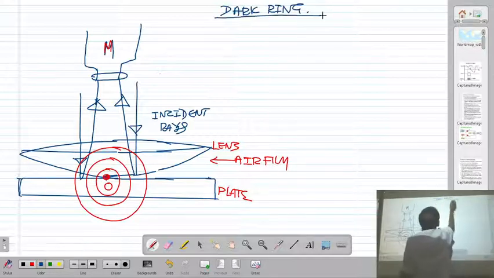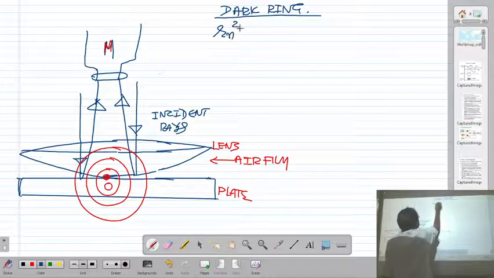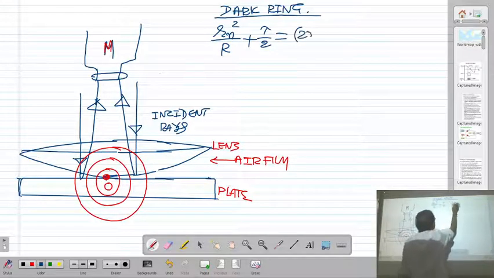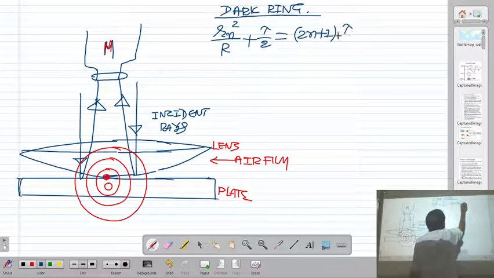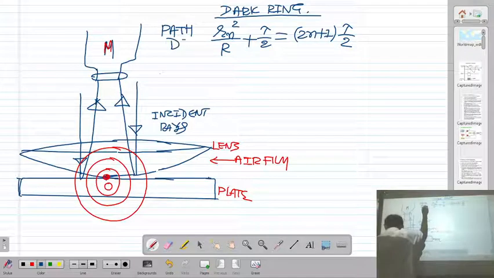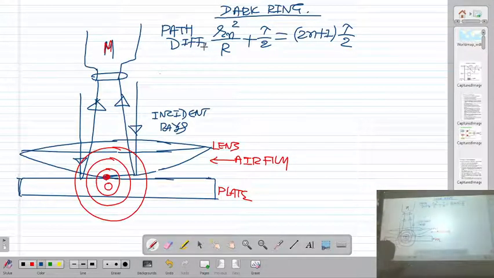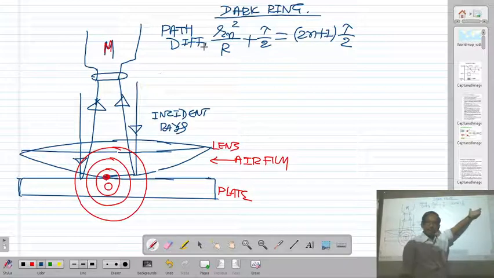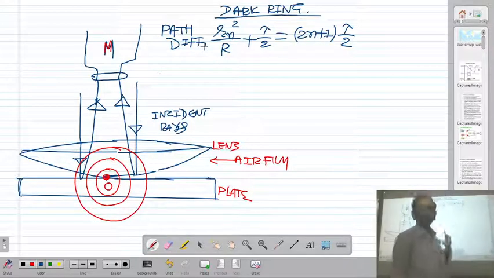For dark ring, according to the condition of destructive interference, the path difference Rn square upon capital R plus lambda by 2 is equal to (2n plus 1) lambda by 2. This we already studied. When the path difference, small Rn square upon capital R plus lambda by 2, is n lambda, constructive interference will occur and you get a bright ring.